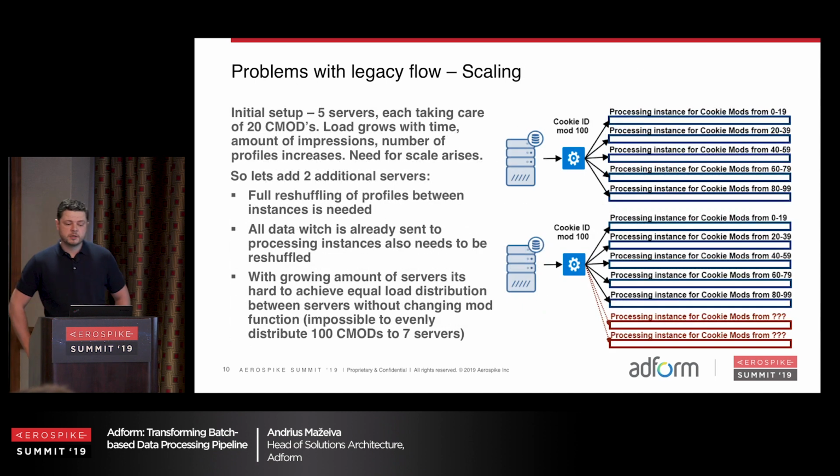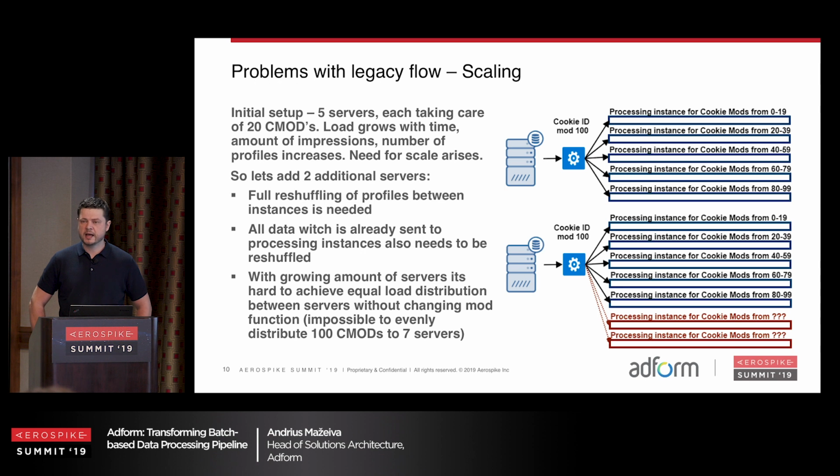Another problem was scaling. Let's say initially we have 5 servers, and as I mentioned, we have all this routing based on cookie ID, so it's easy to distribute all the load to the 5 servers. But let's say the load is growing, the number of impressions is growing, the sizes of profiles are growing, and we need to scale. Let's say we are trying to add 2 new servers.